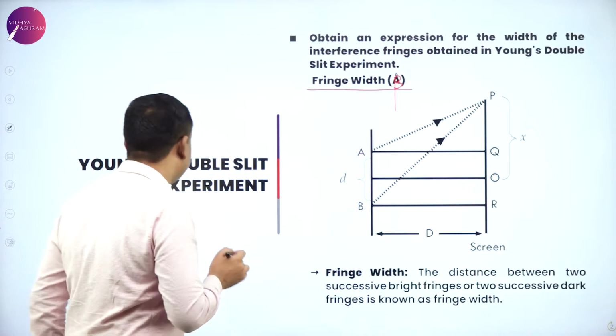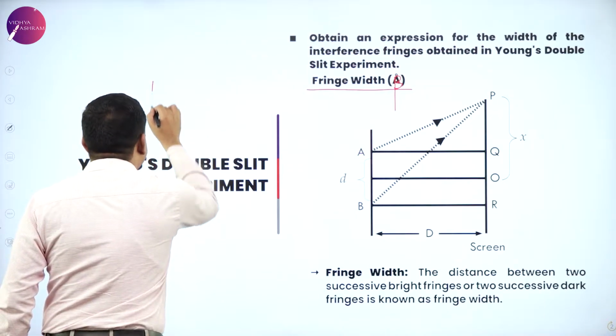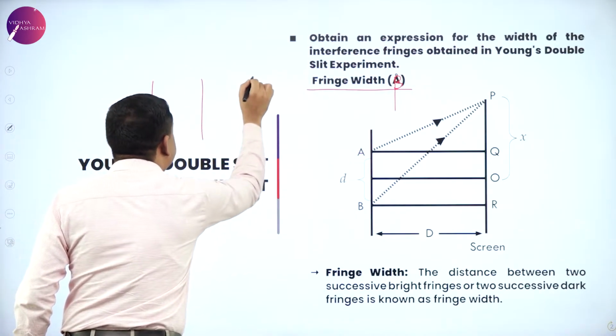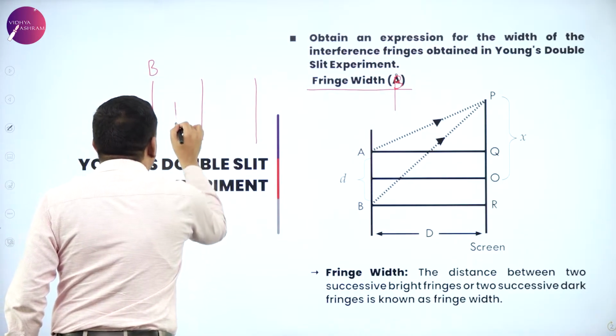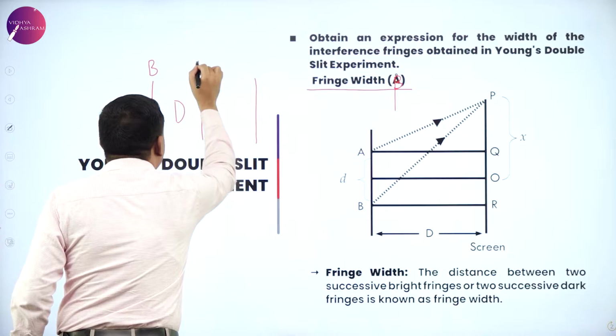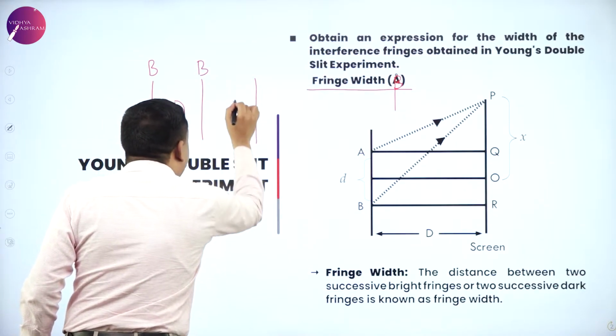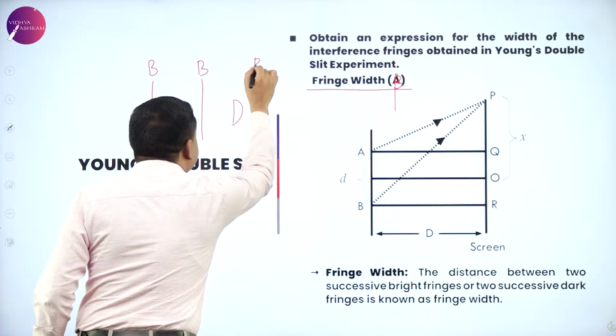We told that an interference pattern consists of alternate bright and dark fringes.